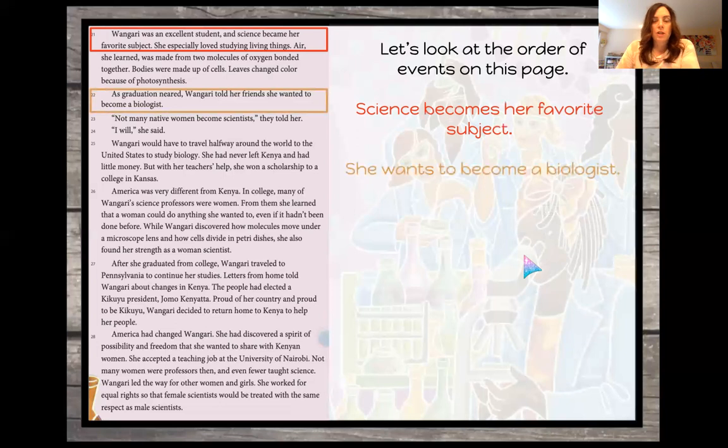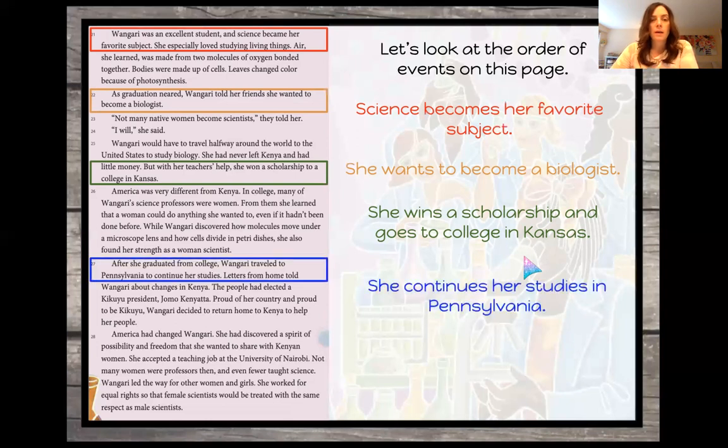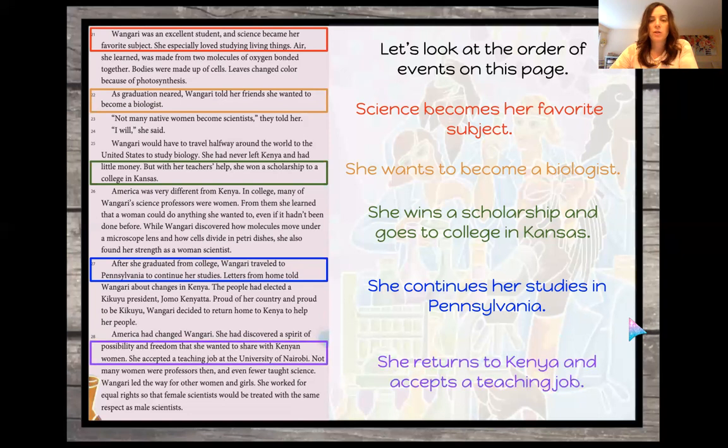Next, we learn that she decides that she wants to become a biologist. And then she wins a scholarship and is able to go to college in Kansas. So she leaves her country and comes to America to go to school in Kansas. And then once she finishes college, she travels to Pennsylvania to continue studying. But eventually, she returns to Kenya and accepts a teaching job.